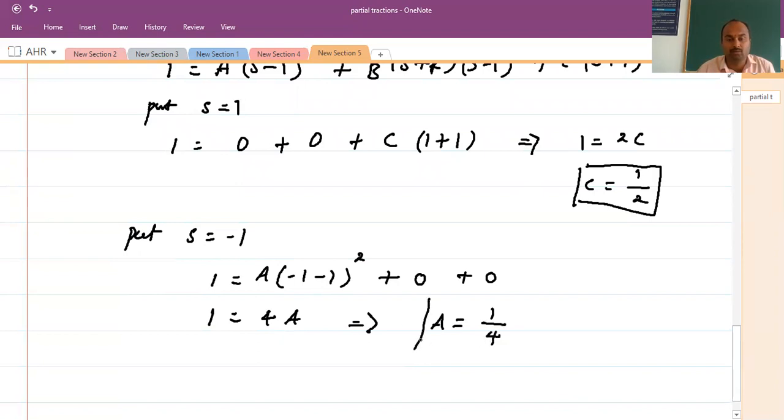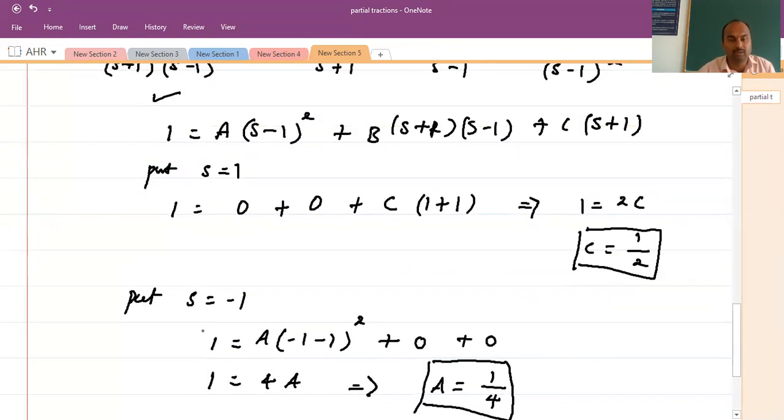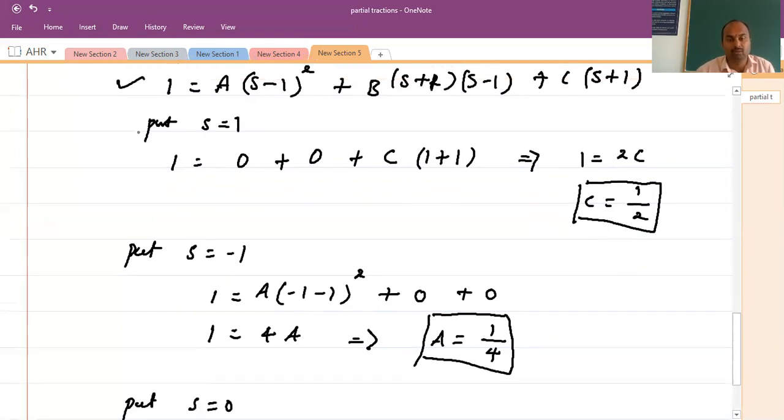By substituting certain values we are unable to get the other constant, so I'll substitute 0. Put s equals 0 in this equation. So what will you get?